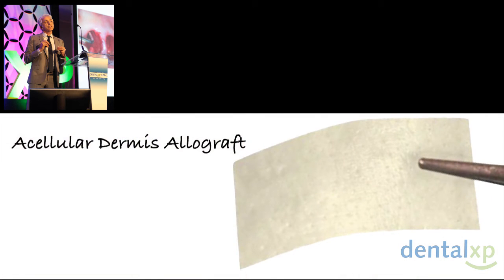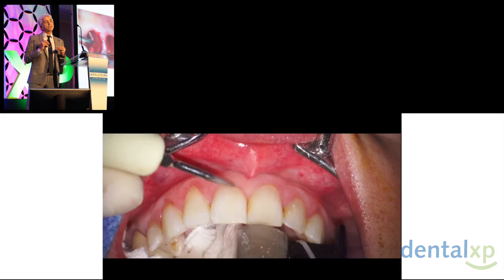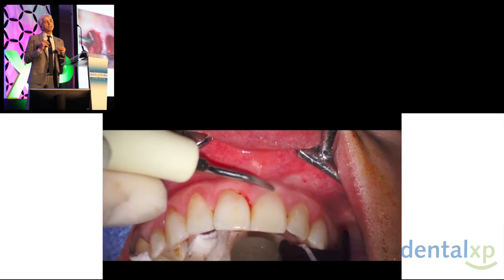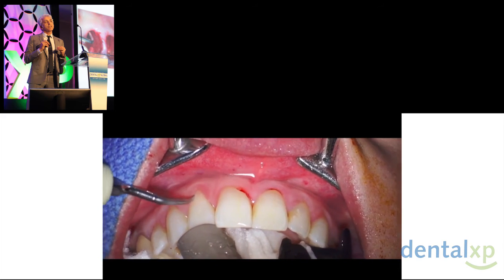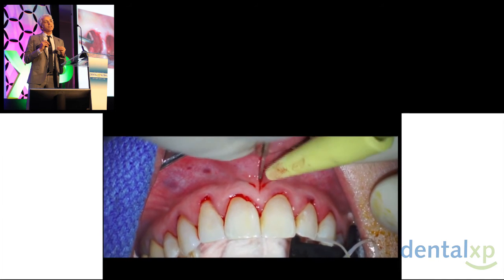The other option we have is an acellular dermis, an allograft. So I'll show you a case with an allograft using a similar technique. You can see the root instrumentation, very similar.